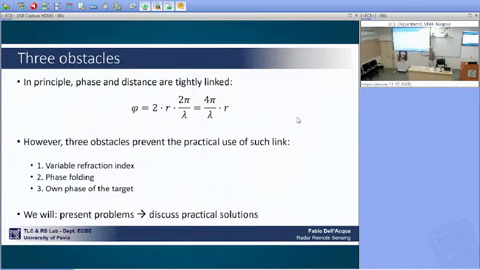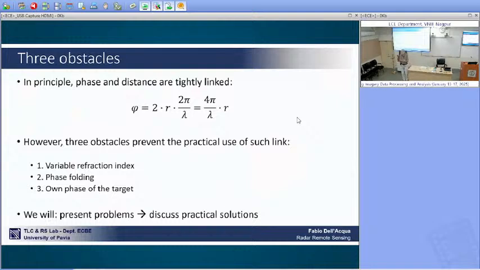Definitely. So much so that I can write that the phase of the returning wave is twice, because it's a two-way path, the distance, times the exchange rate between distance and phase. What is this exchange rate?